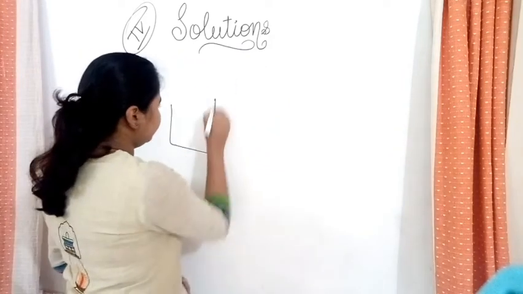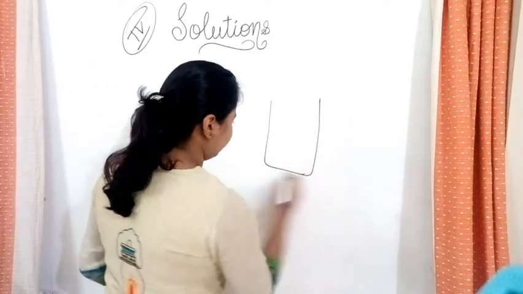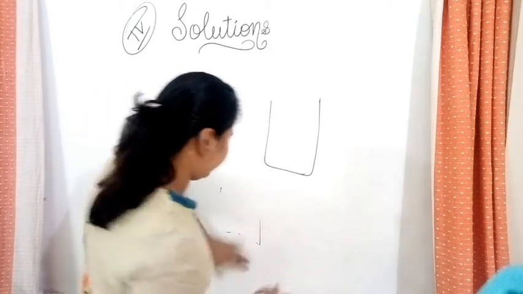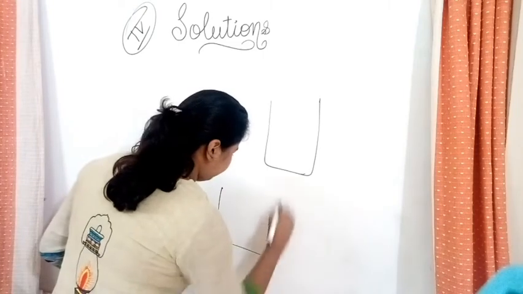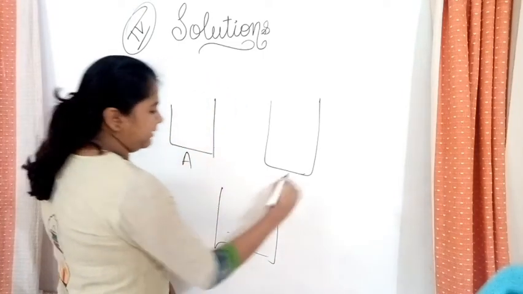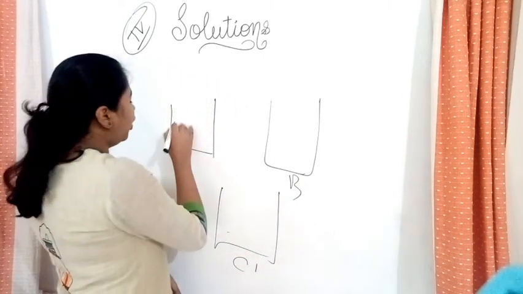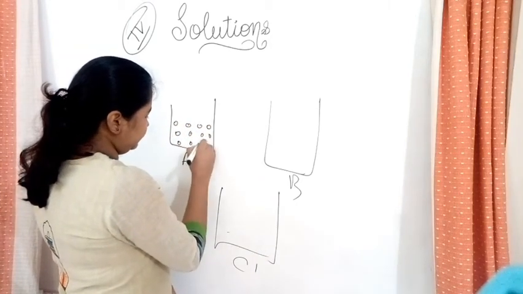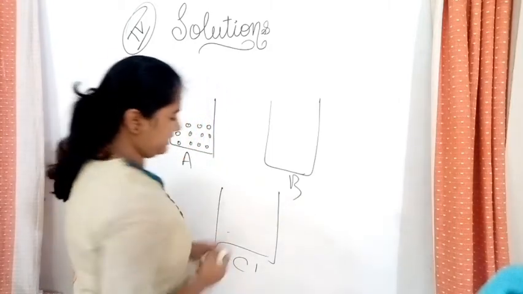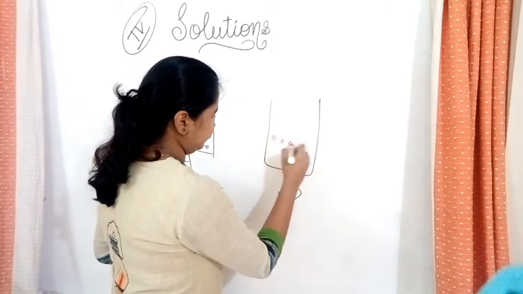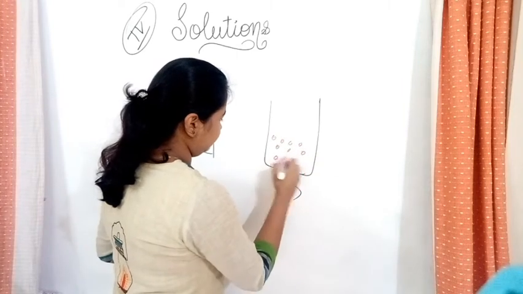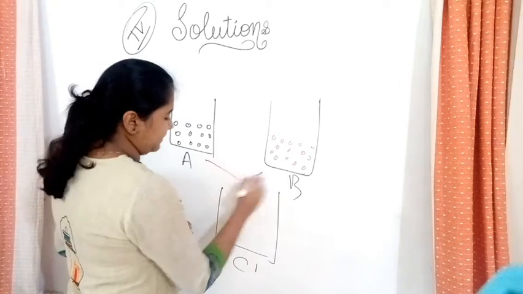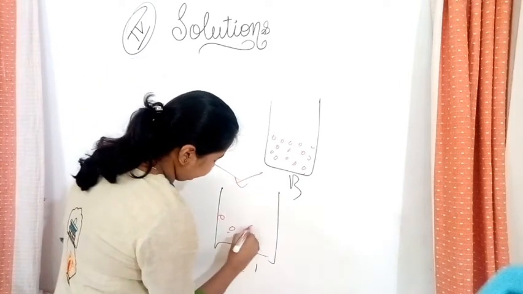Let's take 3 containers. Let's make this container a bit bigger. This is A, B and C. Over here we have A particles, and over here we have B particles. Over here we have both of them coming together. So let's draw.